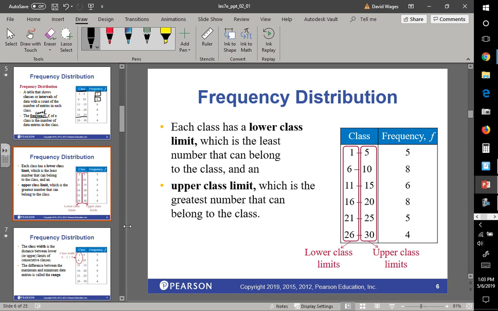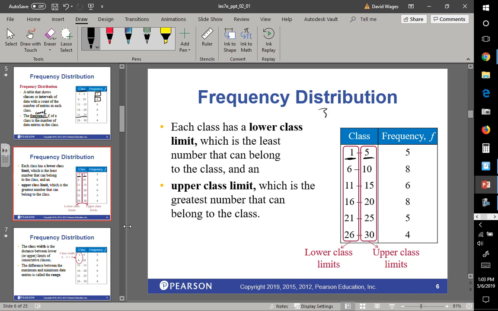In each of the classes, there is a lower class limit and an upper class limit. And notice that each value only belongs to one class. The first class goes from 1 to 5, the next one from 6 to 10.